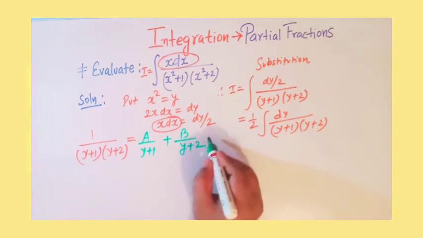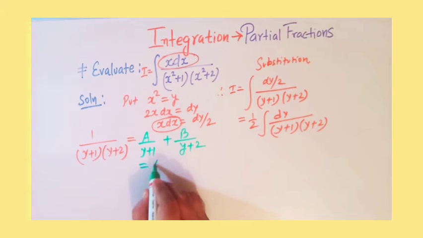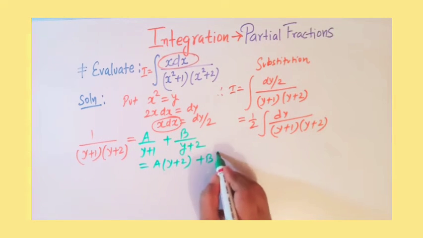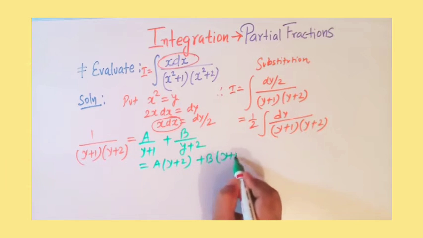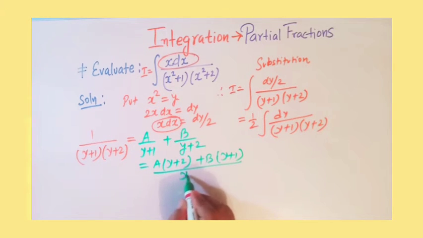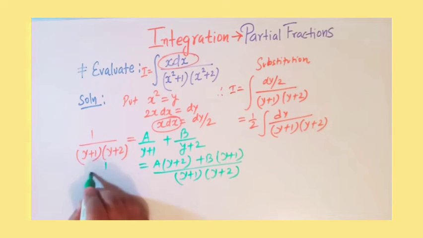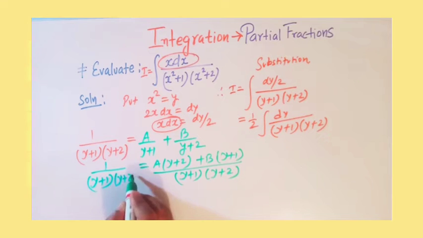Clear? Now we can write it as a times (y plus 2) plus b times (y plus 1), over (y plus 1)(y plus 2). So 1 over (y plus 1)(y plus 2).